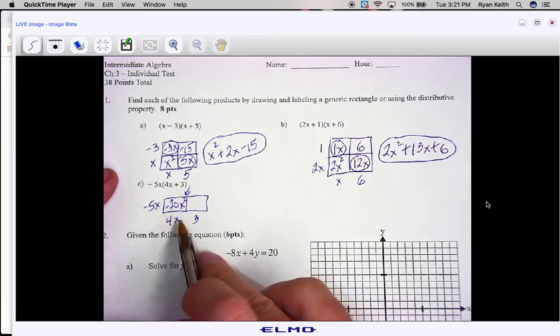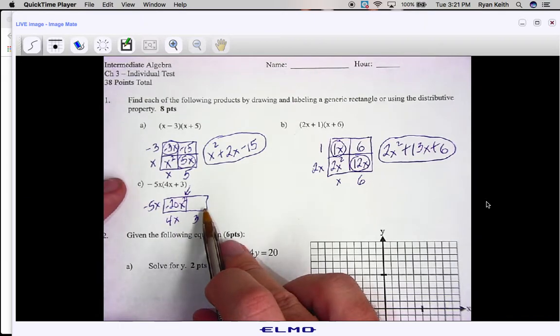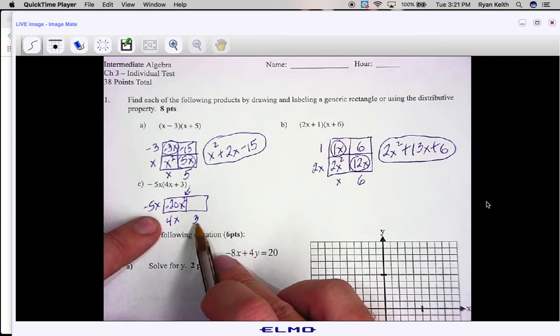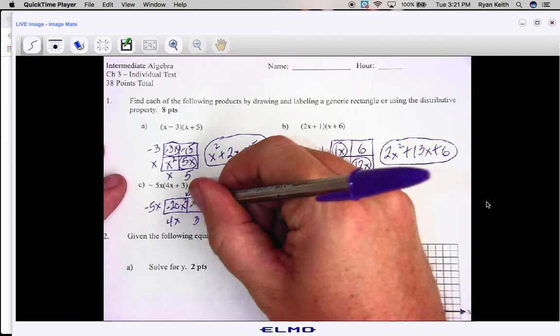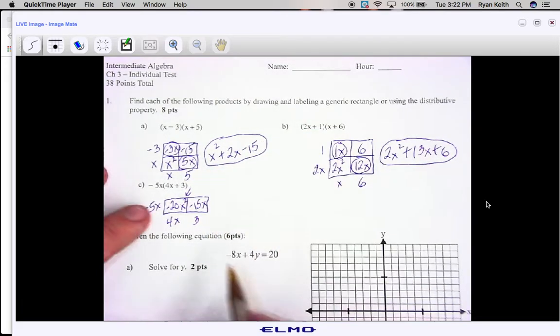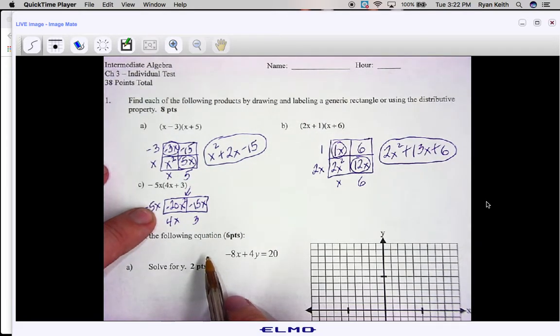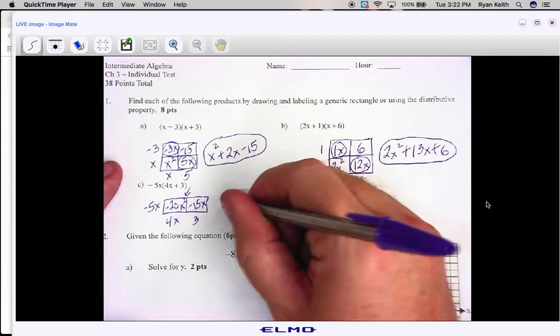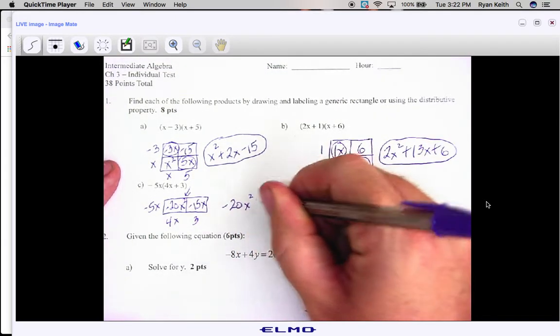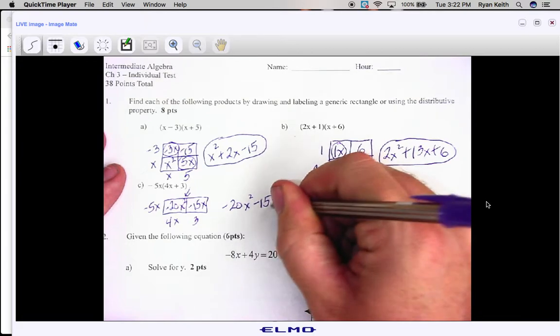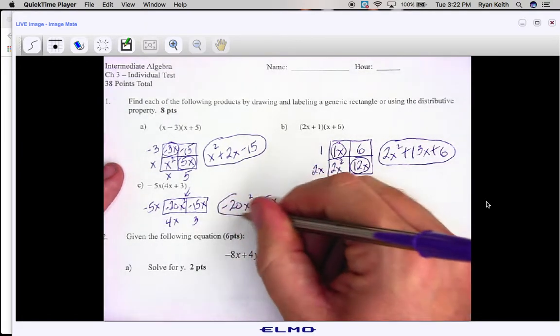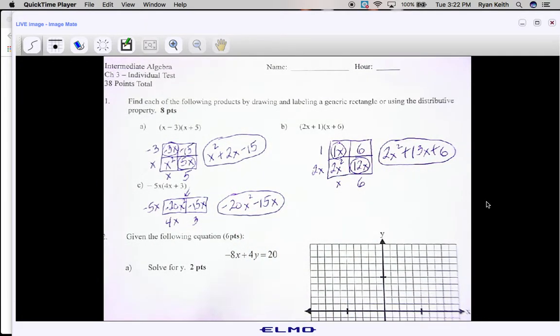It is x times x. And in the second box, negative 5x times 3. Negative 15x. There is an x right there, right? So if I'm just taking the stuff in the boxes and writing it down side by side, then there's my answer. Simple as that.